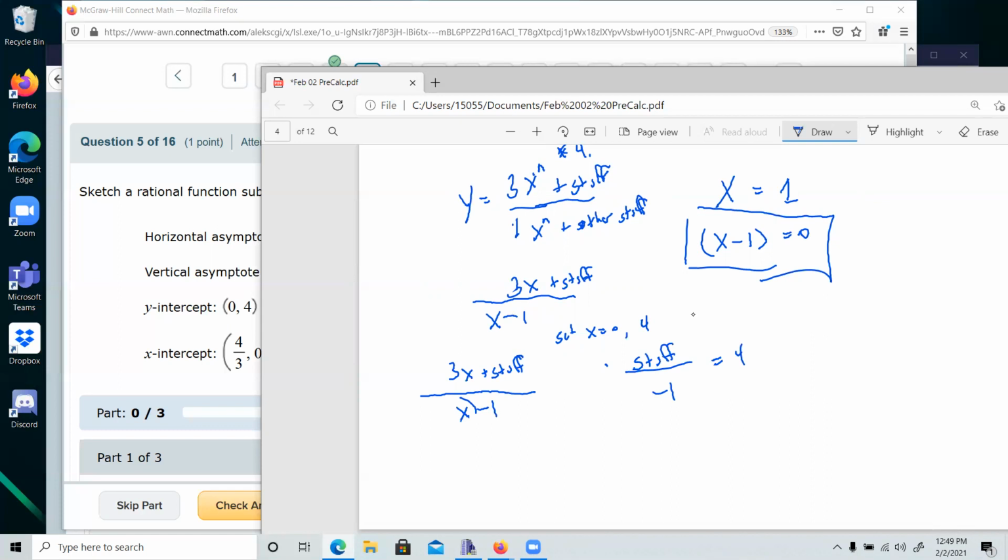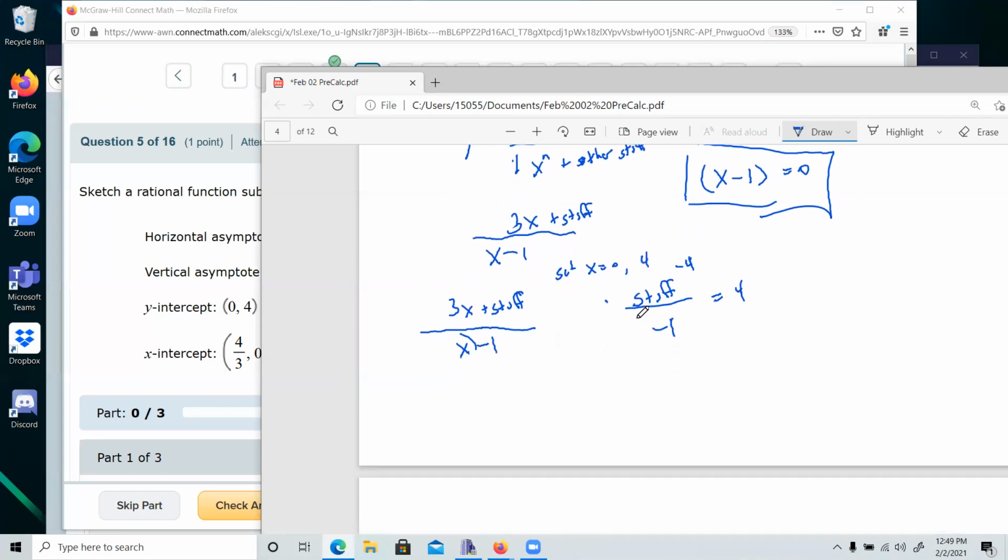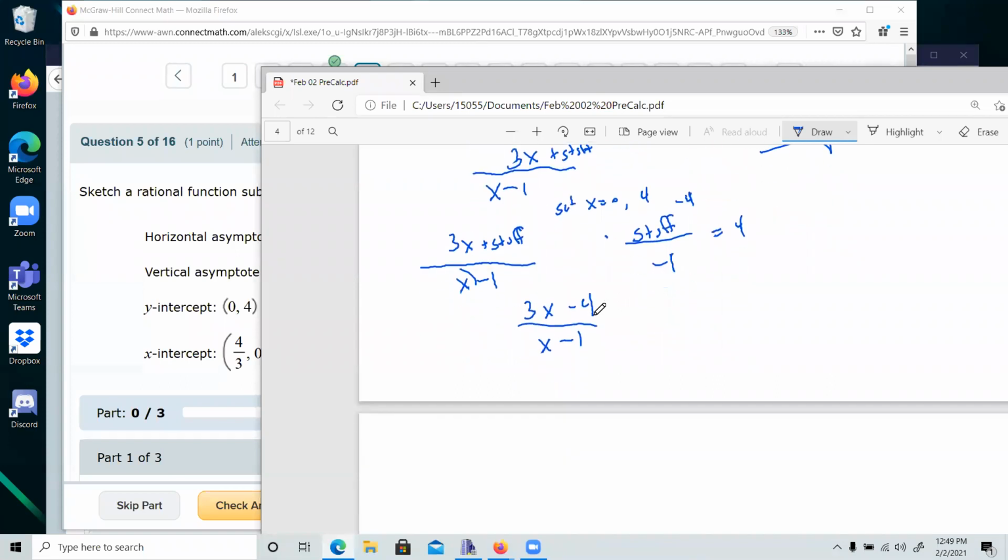Does it make sense that this stuff has to be a negative 4 in order to make this positive? Okay, so because of our y-intercept, we're going to say this is (3x minus 4) over (x minus 1). Now, if I plug in zero, we get 4. Okay, and everything else is good.